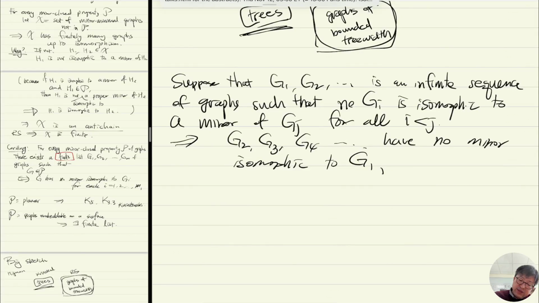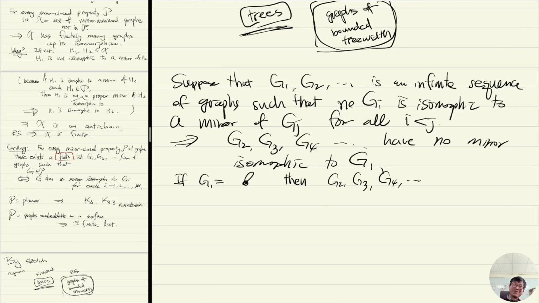Now, let me tell you a simple case. If G1 is a triangle, or let's say, if G1 is a loop, then G2, G3, these are all forests.